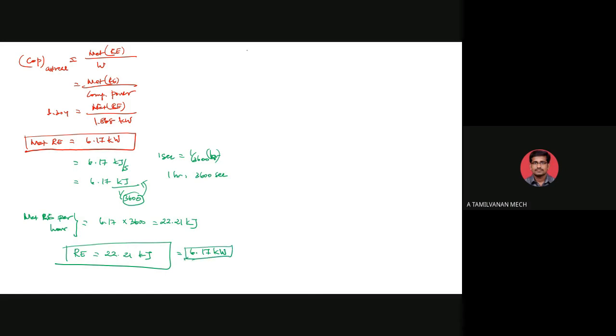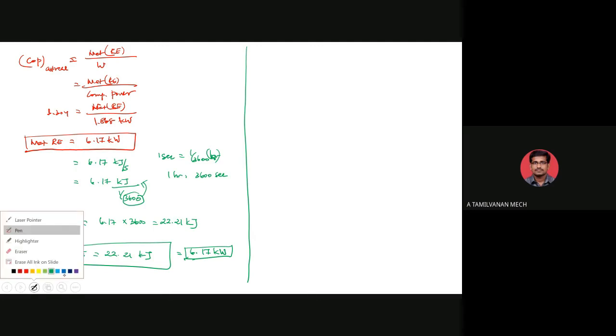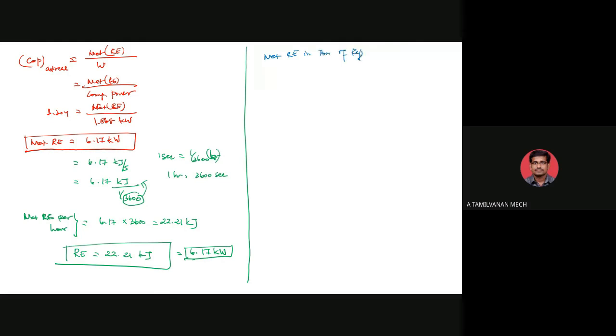Apart from that, now I am going to ask one question. You are going to calculate the net refrigeration effect in terms of ton of refrigeration. How can you calculate the ton of refrigeration from the value?